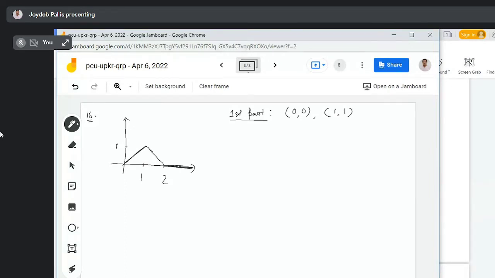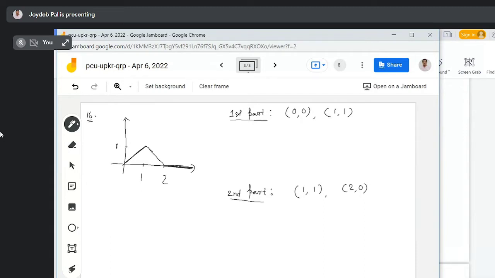And for the second part, it is passing through (1, 1) and (2, 0).